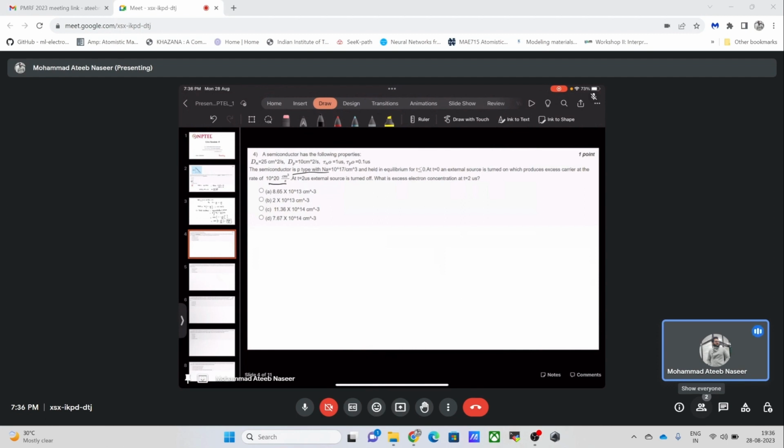After that, at t equal to 0, we use an external source to generate excess carriers at a rate of 10 to the power of 20 per centimeter cube per second, and this source is then turned off after some time. We have been told to find the excess electron concentration at time t.